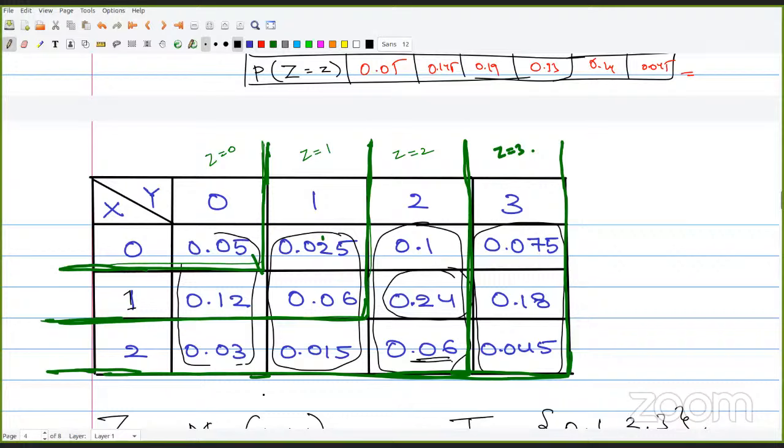So these 6 cases: 1, 2, 3, 4, 5, 6. In all these 6 cases, the minimum of x comma y will be 0.